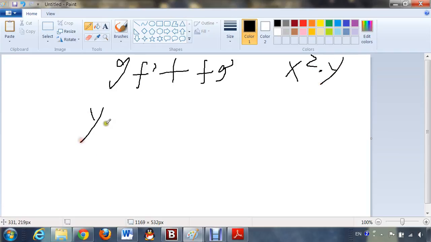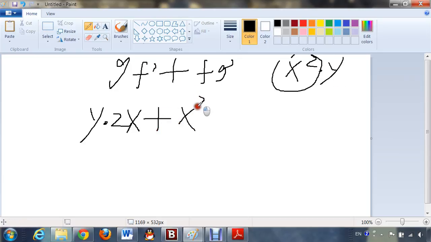In this case, y would multiply the derivative of x squared, which would just be 2x, and then you add x squared times y prime, because the derivative of y is not just 1, since you are trying to find y prime, so you have to keep the y prime here. Whatever derivative you are trying to find, you have to keep that.